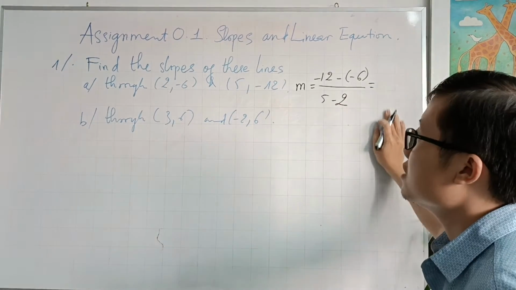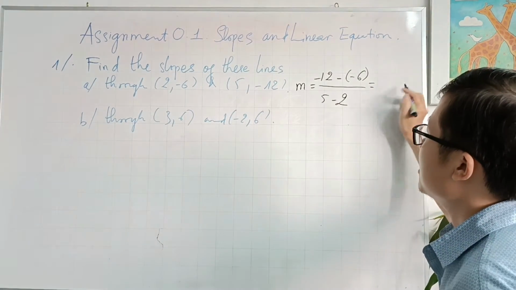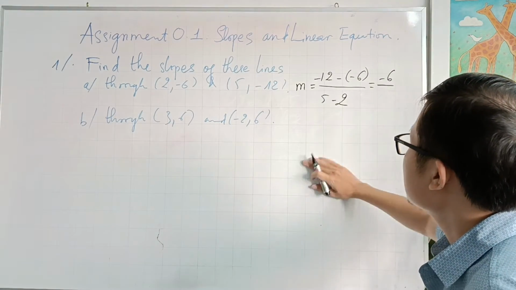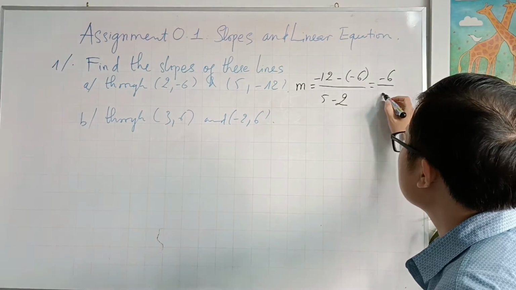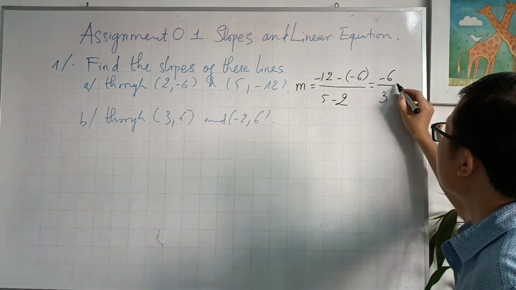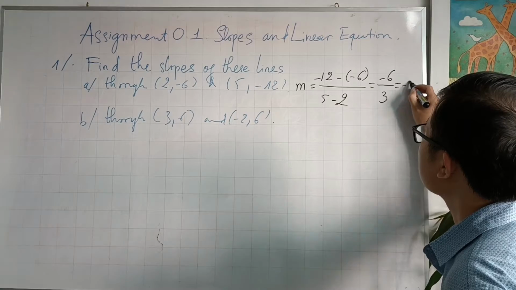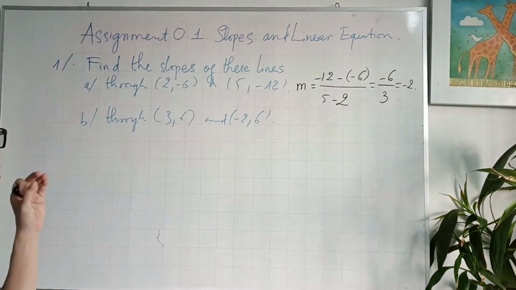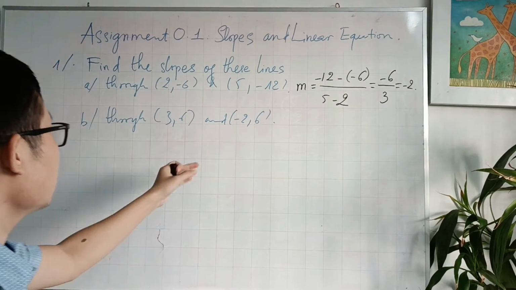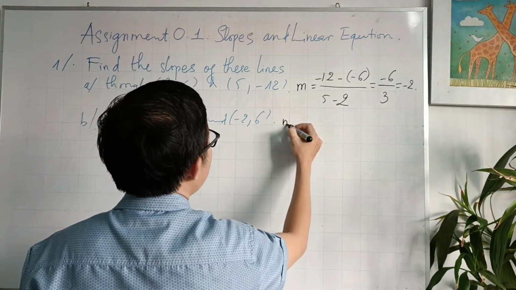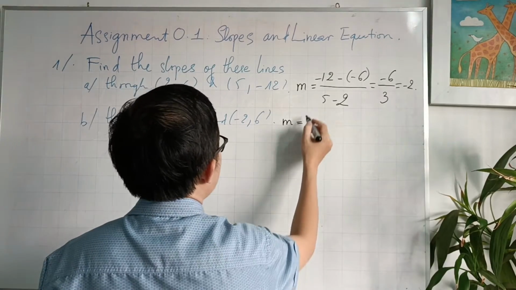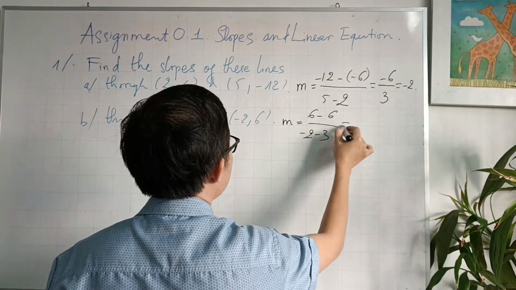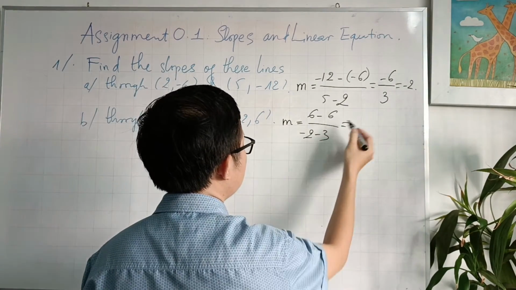So the numerator is -6 and the denominator is 3. So the last answer is -2. Okay, question B. Through the points (3, 6) and (-2, 6). So m equals (6 minus 6) over (-2 minus 3), and the last answer is 0.